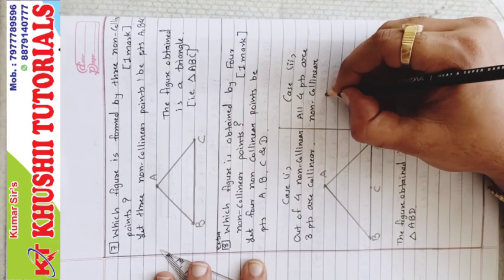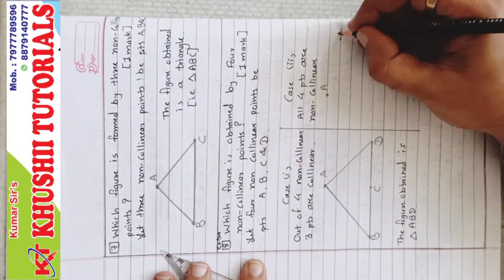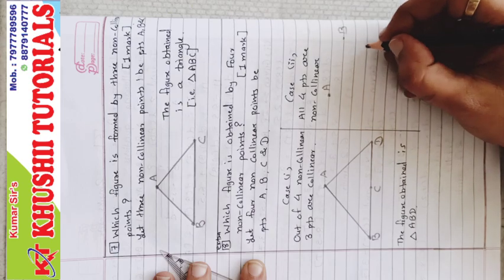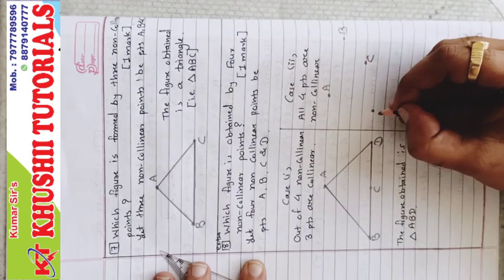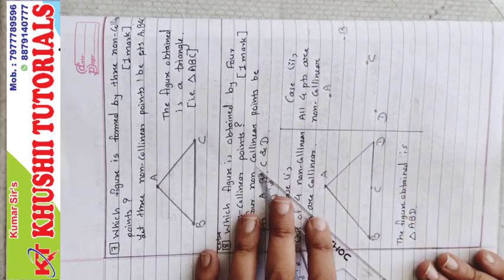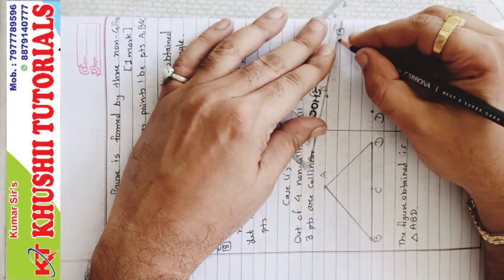So one A, second B, third C, and 4th D. These all are non-collinear. So let's join them.